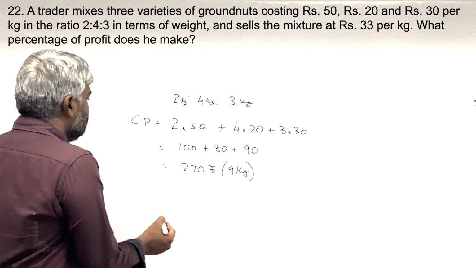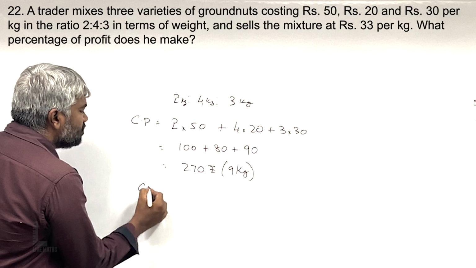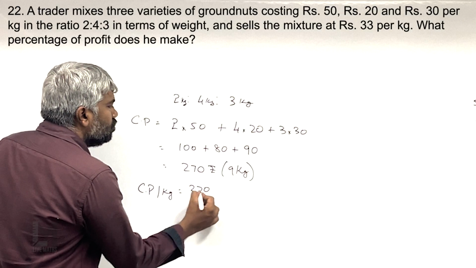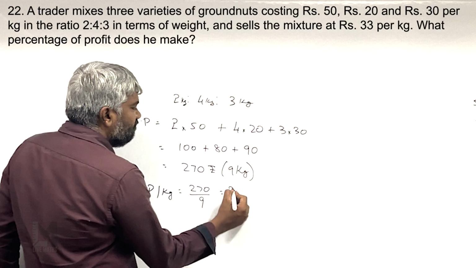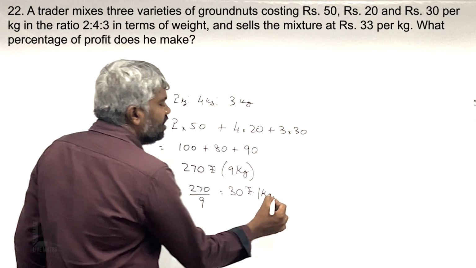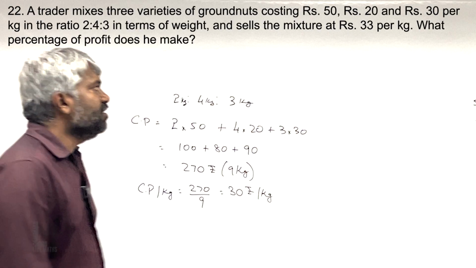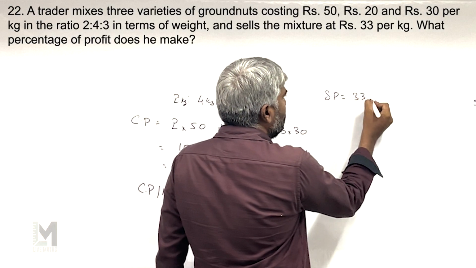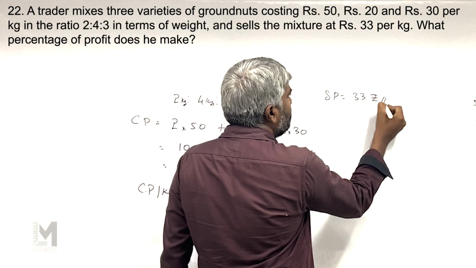Now you can find the cost price per kg. Okay, that is for 1 kg. So 270 by 9 will give you 30 rupees per kg. This is the cost price, right? What is the selling price of the mixture? Which is 33 rupees per kg.